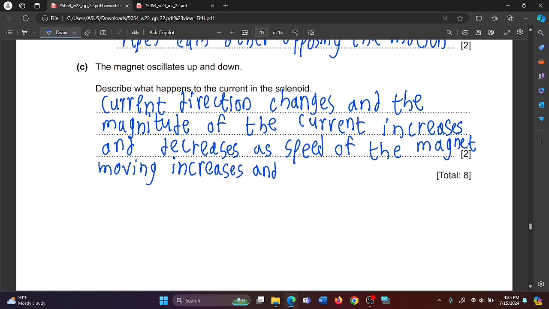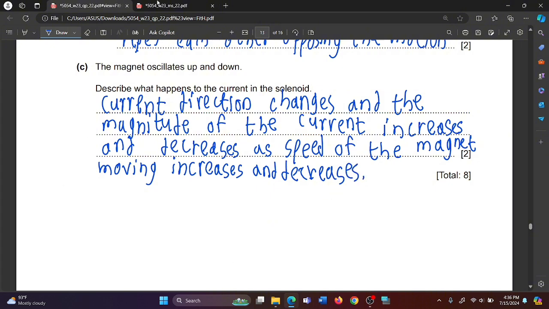This last part, as the speed of the magnet moving increases and decreases, is not necessary to write, but I wrote it to be safe. You can write only up to this much. You don't need to write the explanation as they didn't ask for it. They just asked for a description.